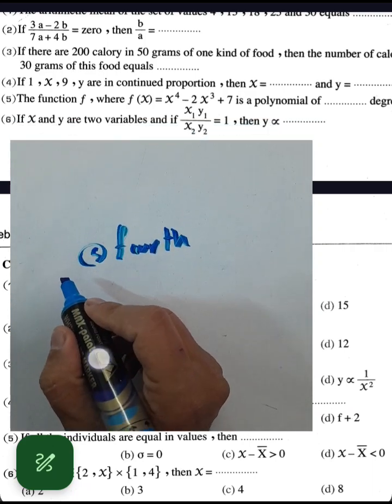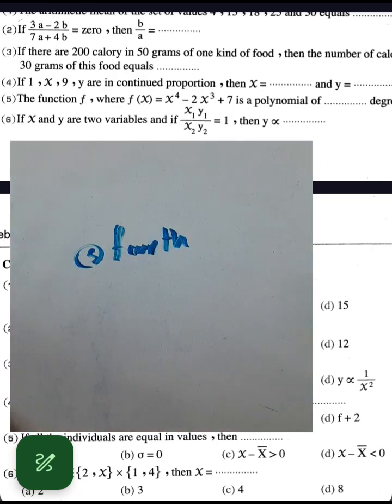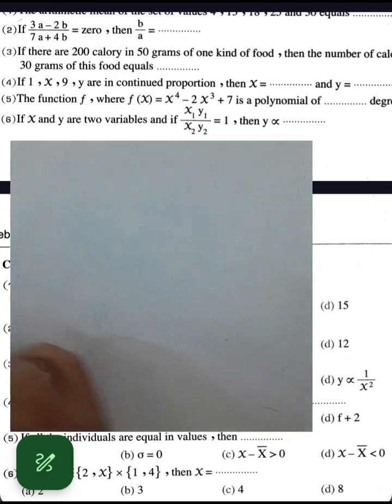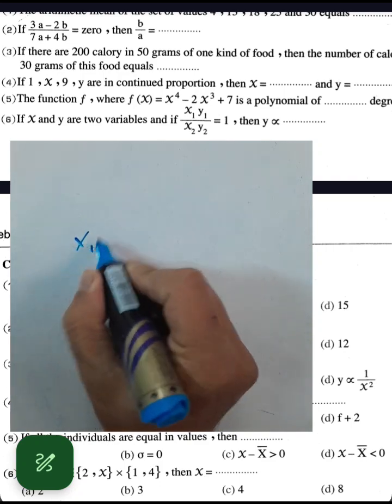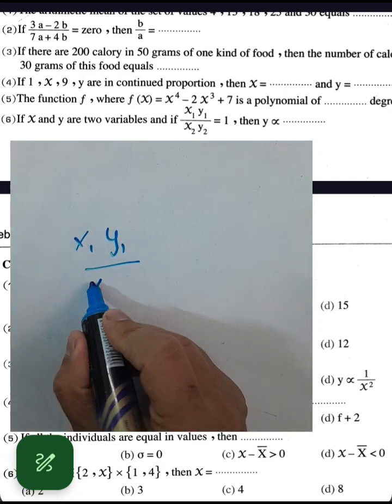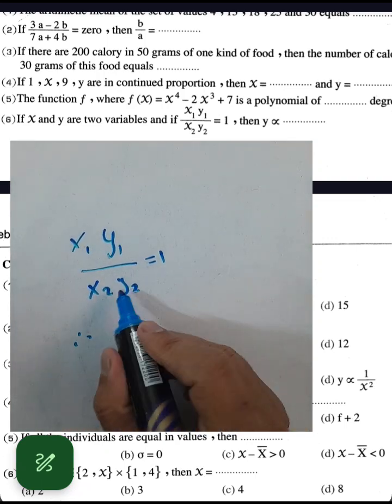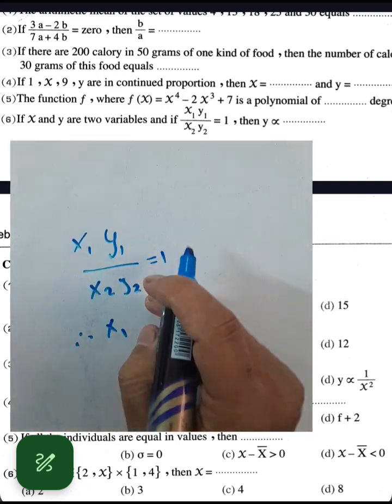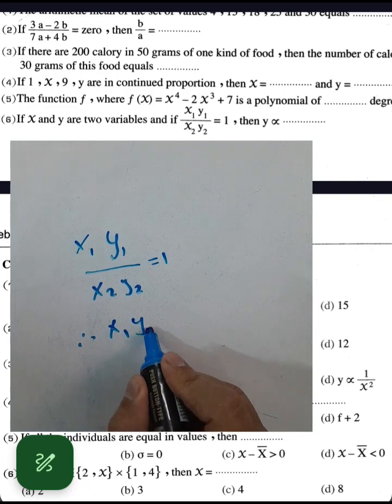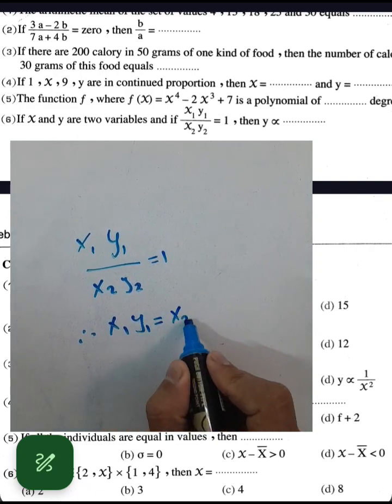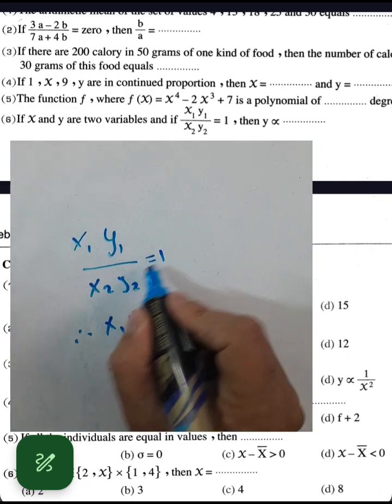Question number 6. x and y are two variables. If x1 y1 over x2 y2 equals 1, then the product of extremes equals the product of means, so the numerator equals the denominator. Then I write x1 y1 equals x2 y2, because 1 times the denominator will be itself.